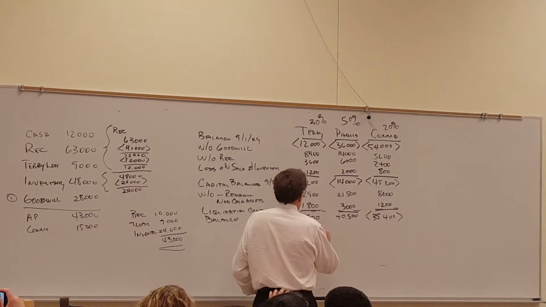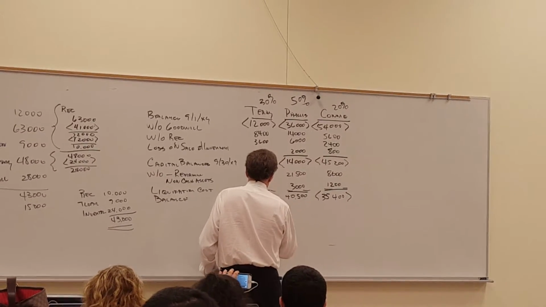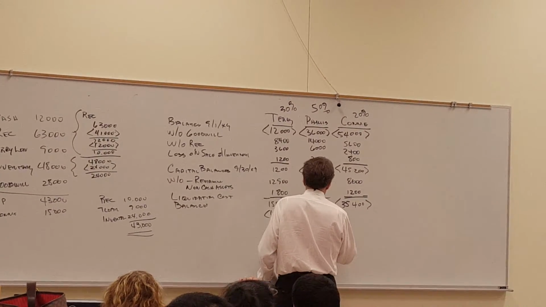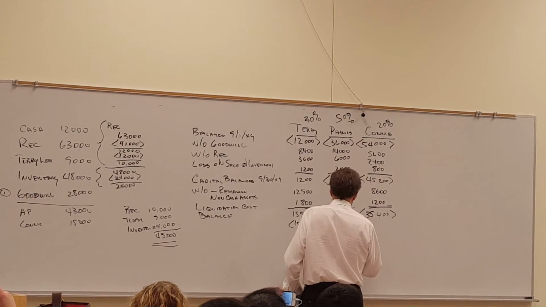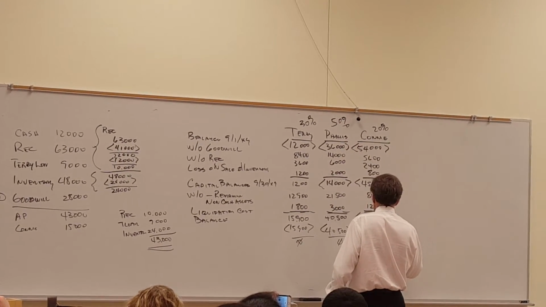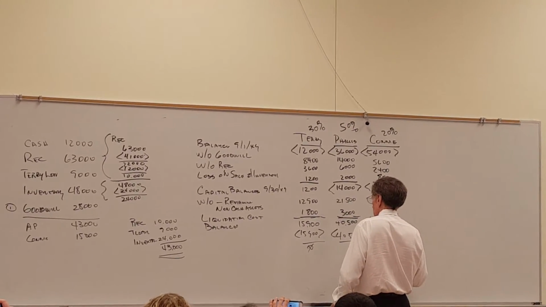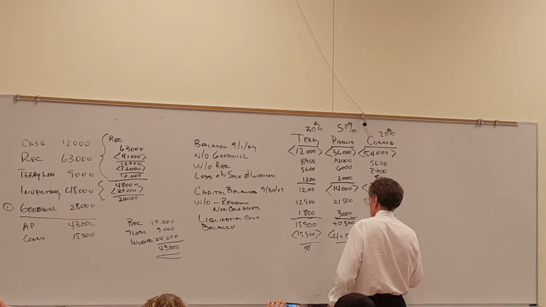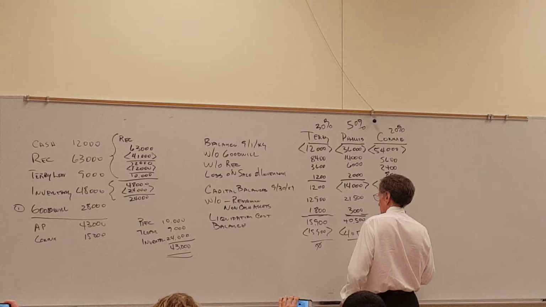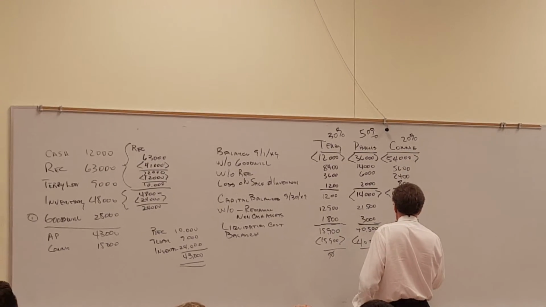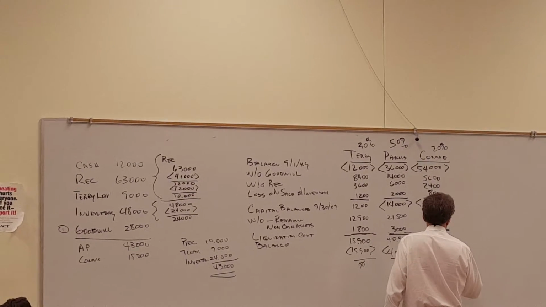If we take and distribute the 15,900 and the 40,500, so now we have 56,400.